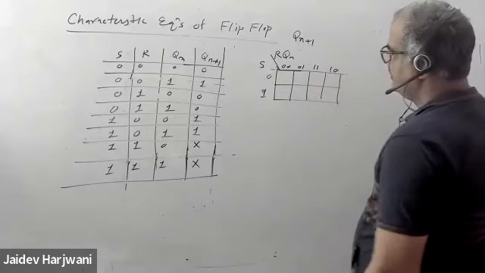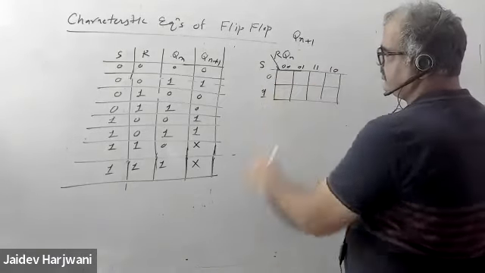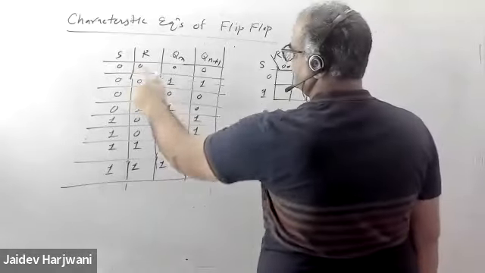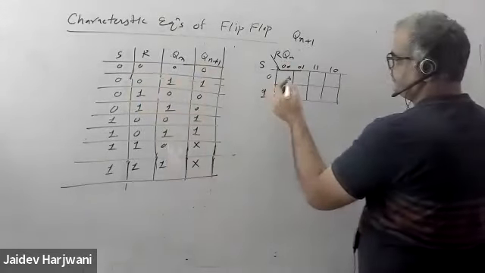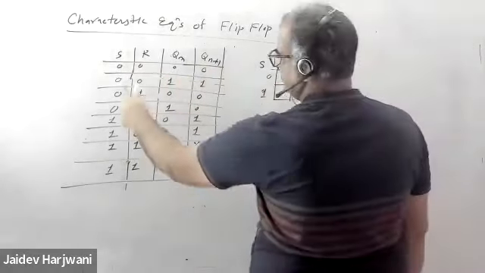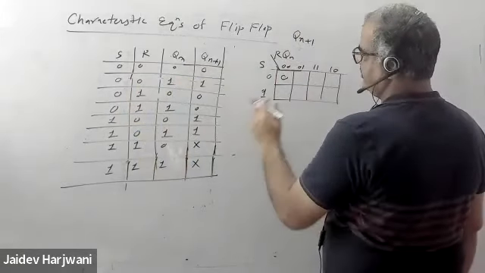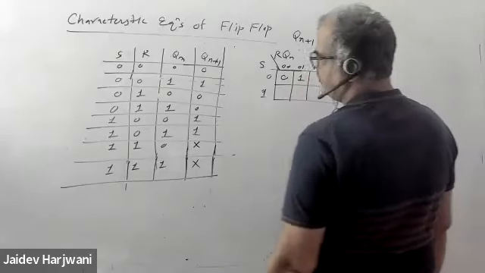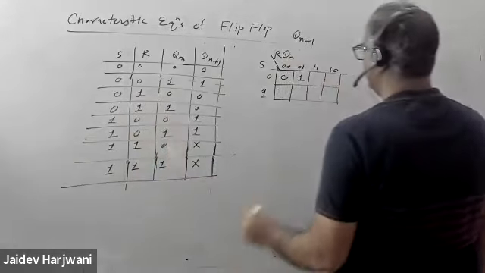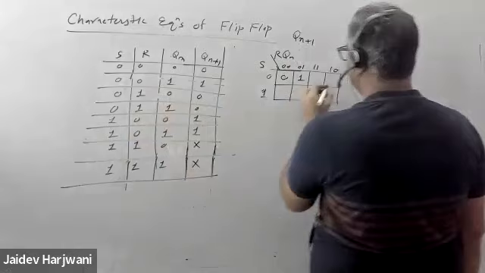So this position is your 0 0 0. When this is 0 0 0, you have 0. Whenever you have 0 0 1, first position you have 1. Then you have a 0 1 0, 2. So in 2 you have a 0.